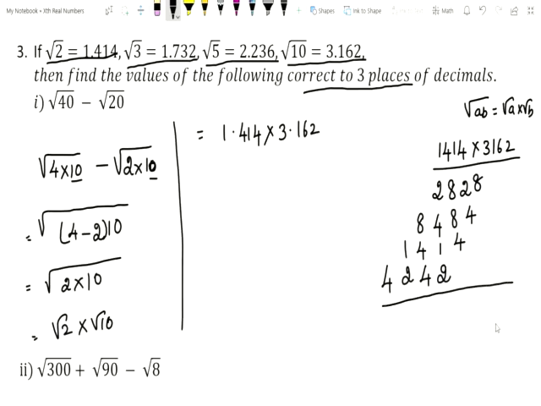Now add this. 8, 4 plus 2, 6, 4 plus 8, 12, 12 plus 8, 20.